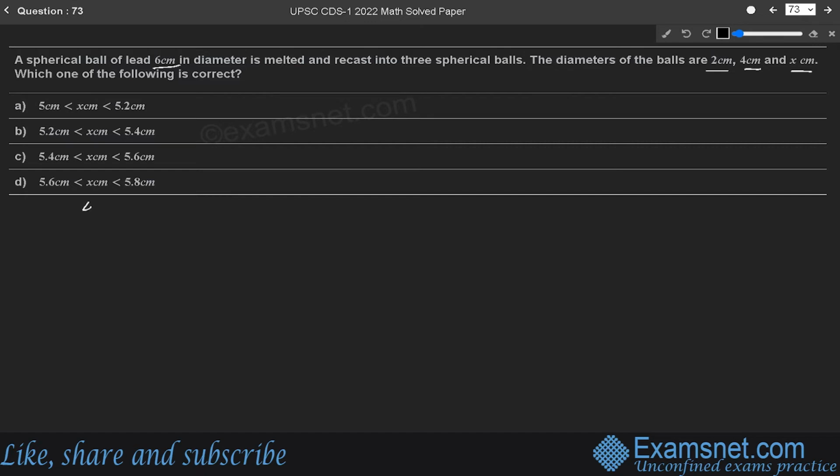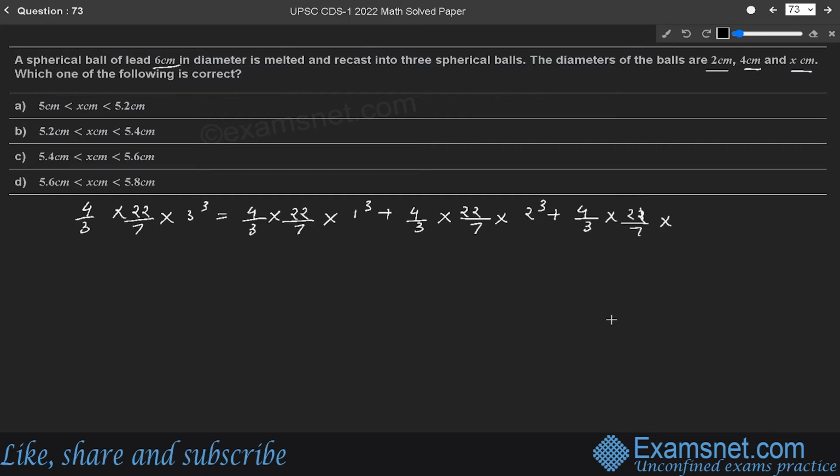So according to the question, 4 by 3 into 22 by 7 into 3 cube is equal to 4 by 3 into 22 by 7 into 1 cube plus 4 by 3 into 22 by 7 into 2 cube plus 4 by 3 into 22 by 7 into (x by 2) cube. Volume of a spherical ball is equal to volume of the 3 spherical balls.